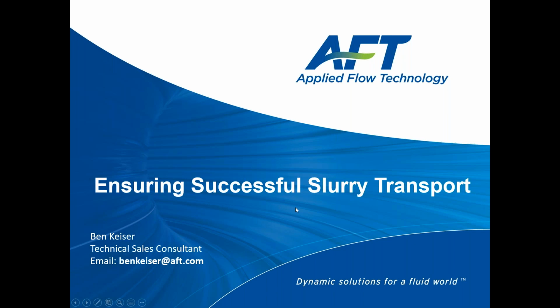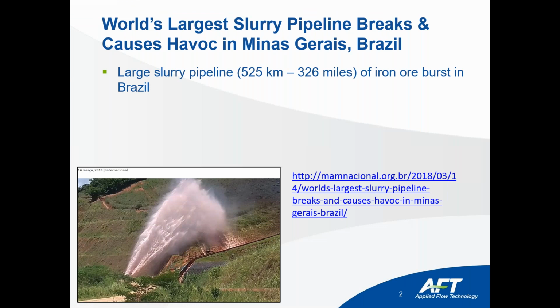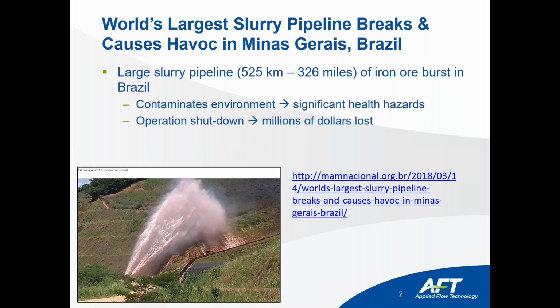All right, let's go ahead and get into it. I want to start off with a terrible accident that happened. It was the world's largest slurry pipeline in Brazil, an iron ore pipeline, which burst. It contaminated the environment and caused a lot of bad things like health problems for people. The whole operation got shut down, so it was a major loss of money for the company.